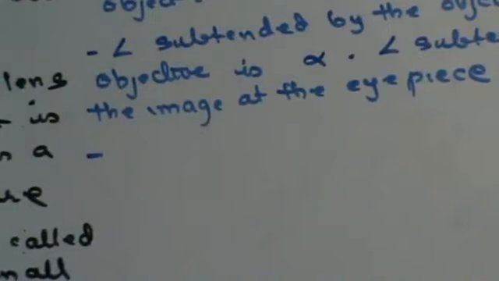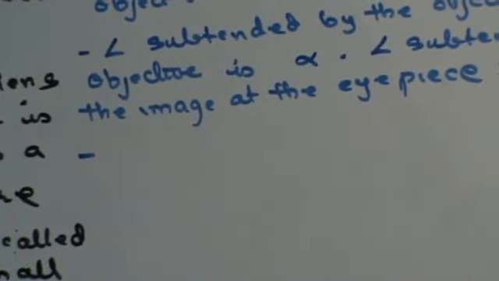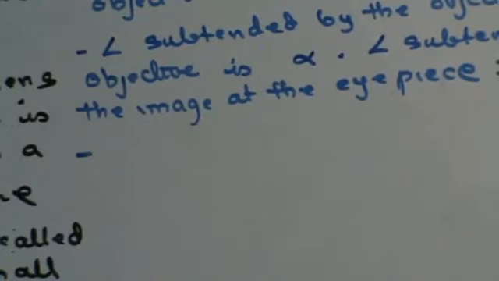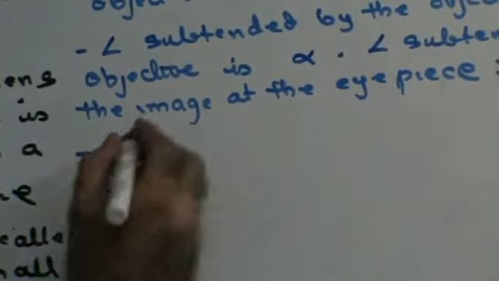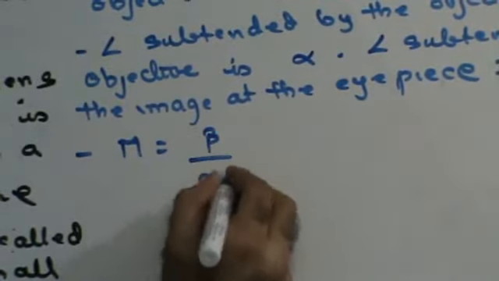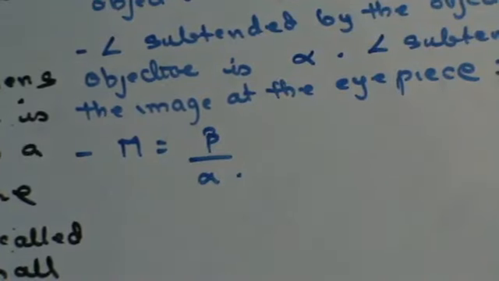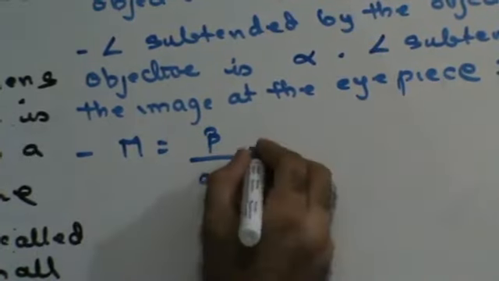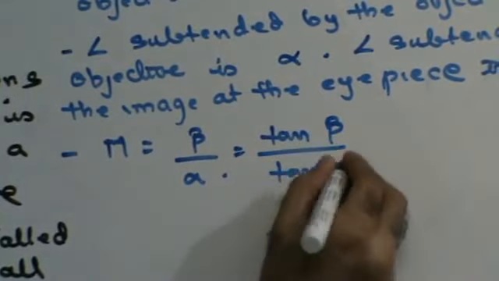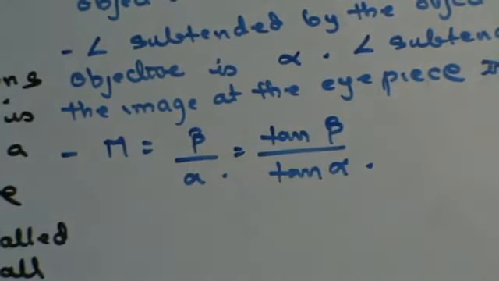Therefore, as the eye is very close to the eyepiece, beta can be treated as the angle subtended by the final image on the eye. Therefore, I can say that magnifying power is nothing but beta upon alpha, multiply numerator and denominator by tan. So this is going to be nothing but tan beta upon tan alpha, right?